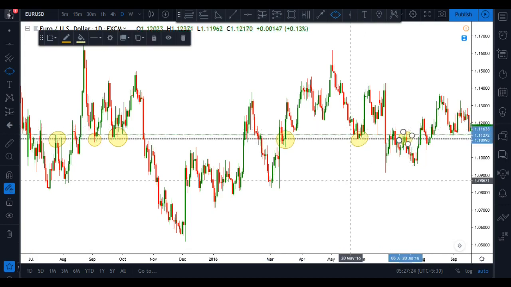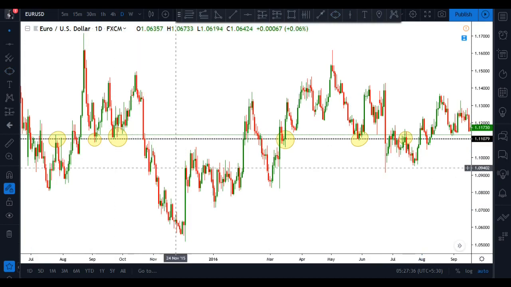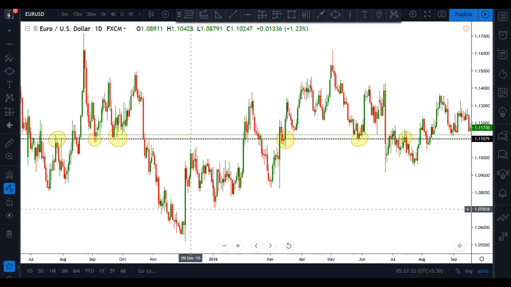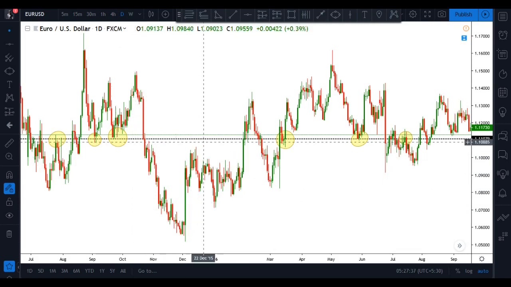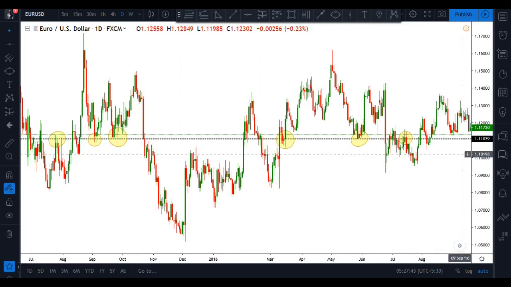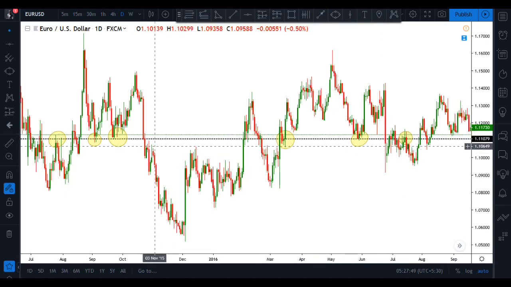So as you can see, the market tends to show reactions at the same levels of price. I have placed this horizontal line at 1.11079, and the market has shown some sort of reaction almost every time it reached this line, right?